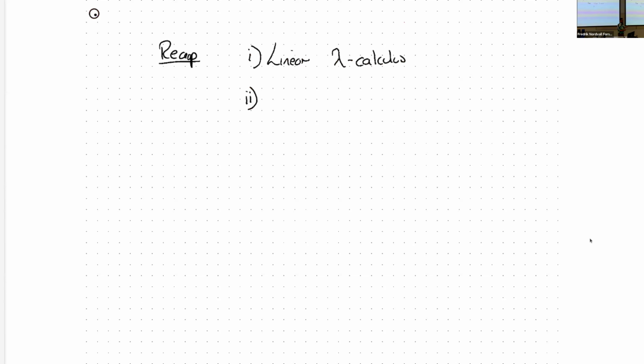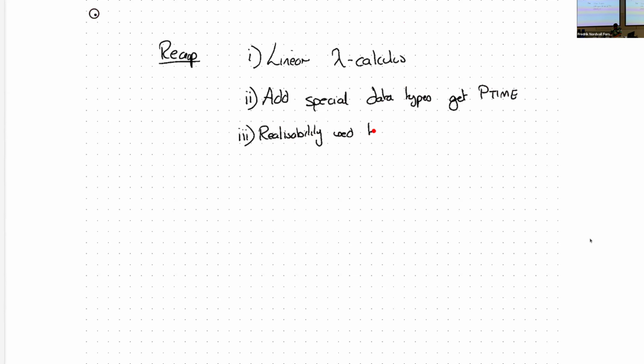So every program that you could write that was a natural number to something ran in polynomial time in the size of that natural number. And then yesterday we sketched the realizability model used to prove P time soundness.